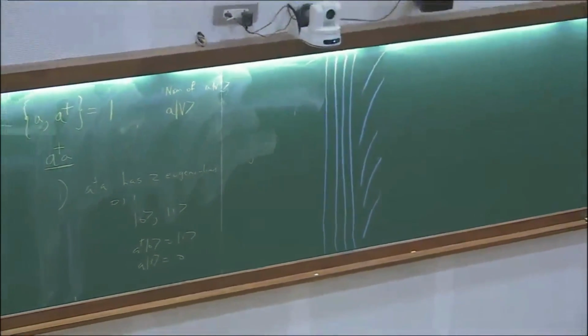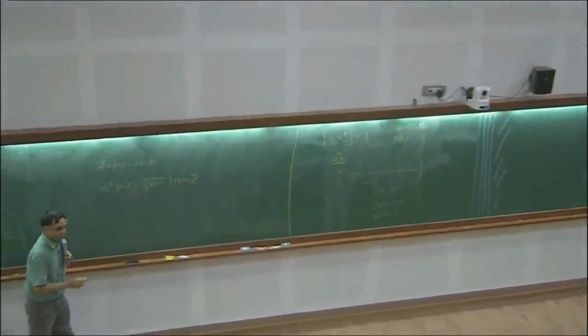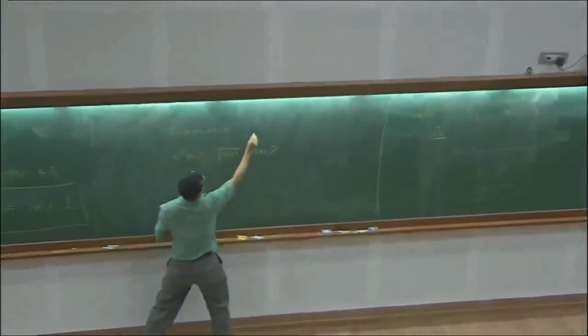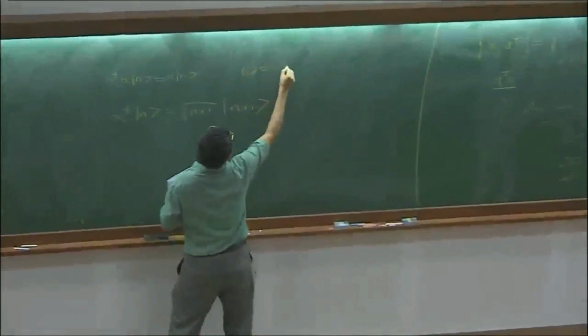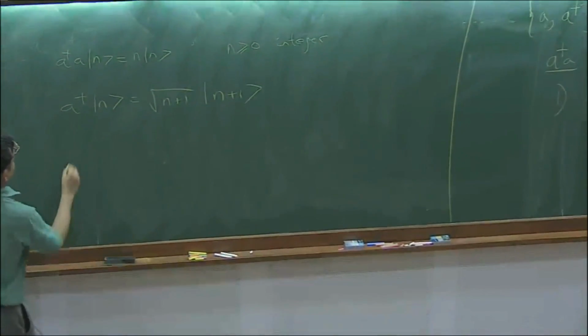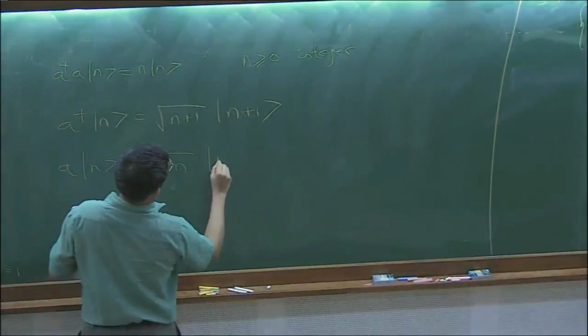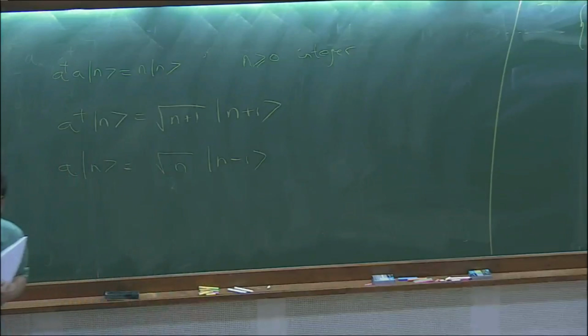A dagger of |n> is square root of n plus 1 times |n+1>, and A of |n> is root n times |n-1>. We know these things.